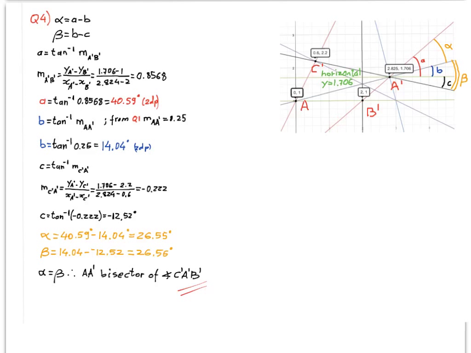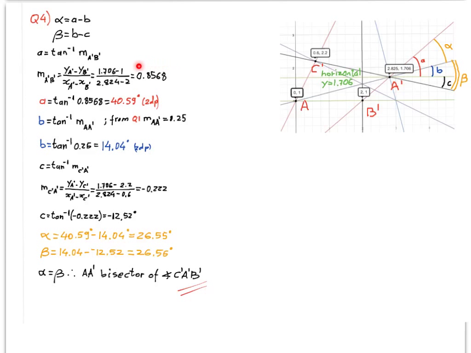The gradient, as you probably remember, is the rise over run. So if we work this out trigonometrically in a right angle triangle, tangent of A is the rise over the run, and A is equal to tan to the minus 1 of rise over run.